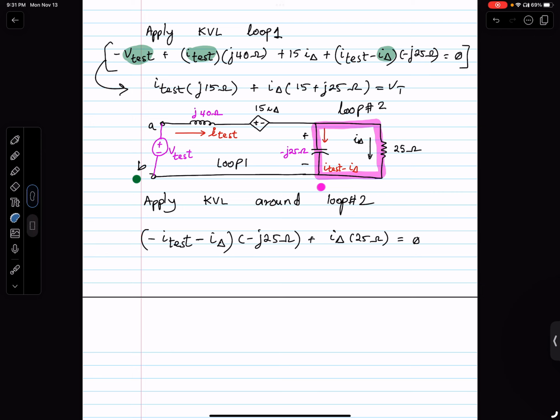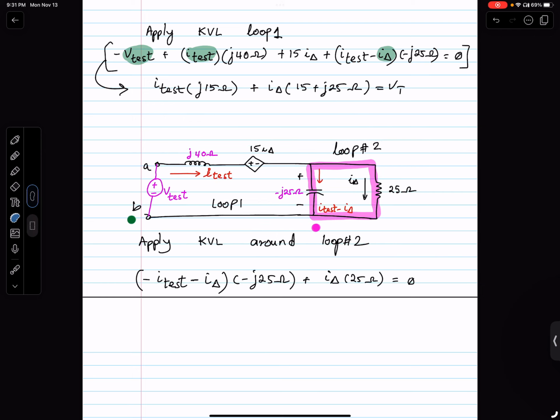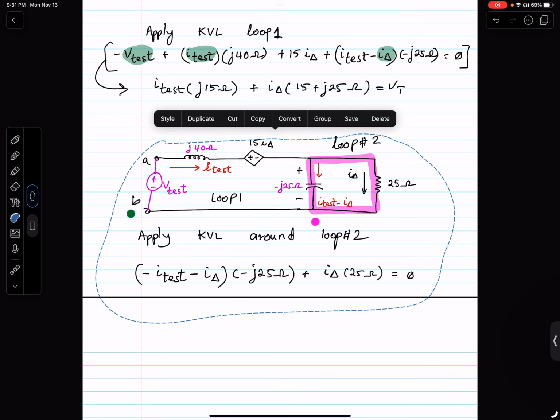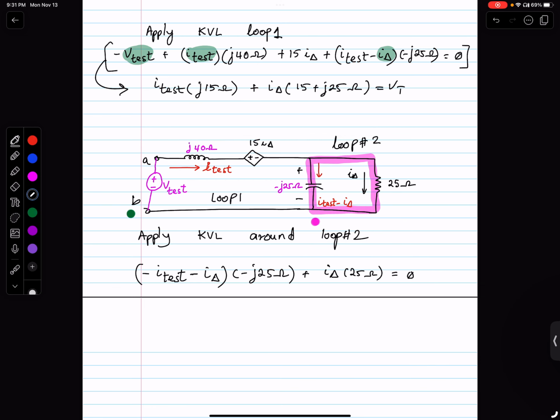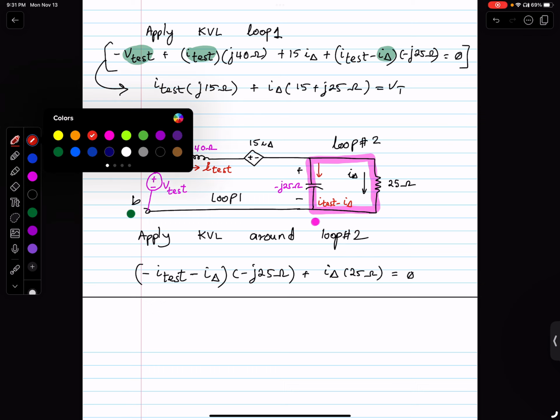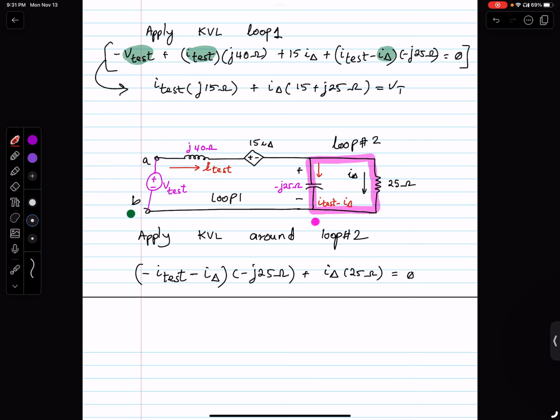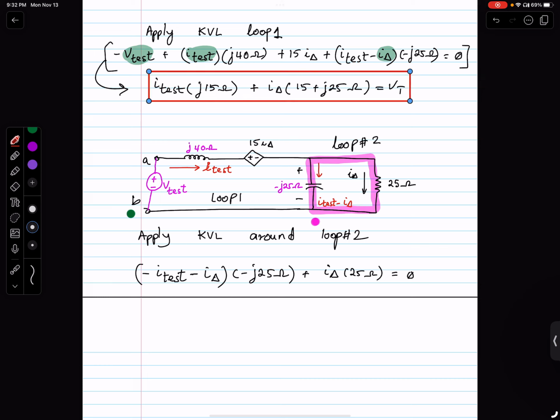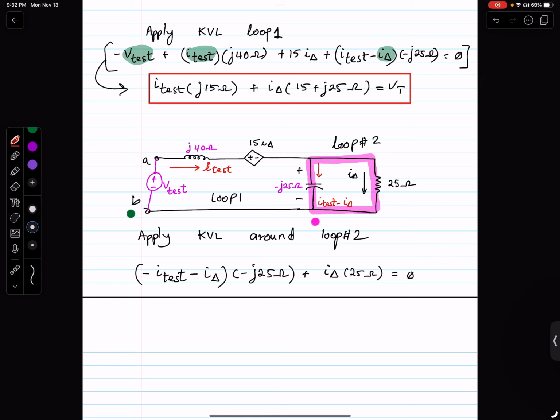Let me make some room here so that I can box this. I'm going to use this one as my equation 1. Okay, that's my equation 1.